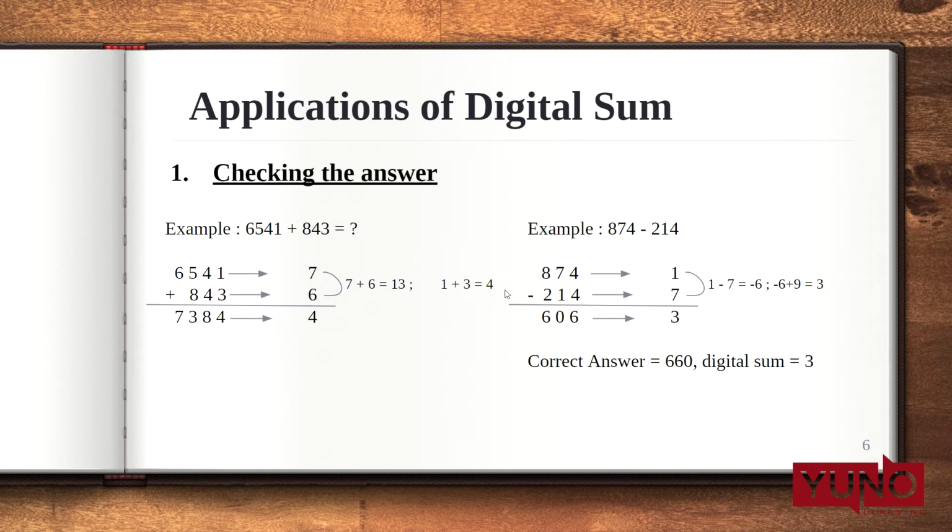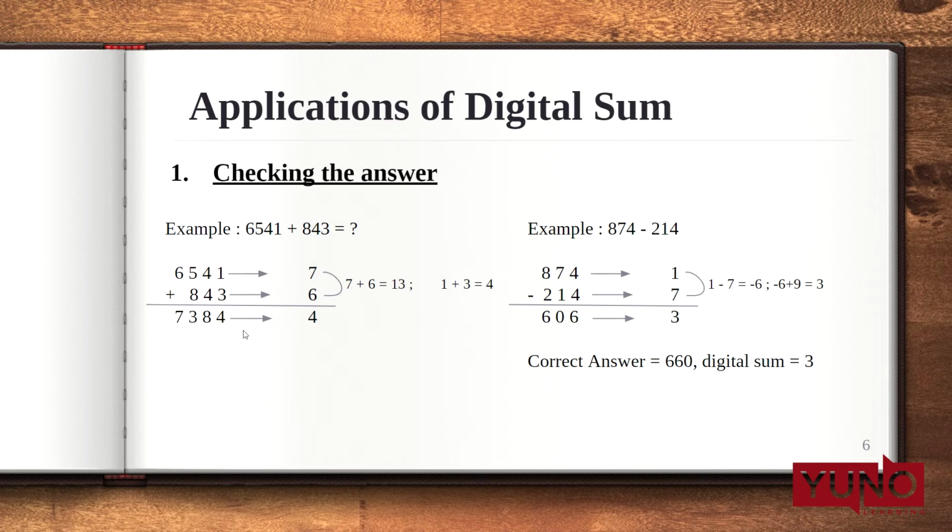So the digital sum of my numbers is 4. Now the answer after adding these numbers is 7384. That means the digital sum of this number is 4. So whenever my answer is correct, my digital sum will match with the numbers. This is a case where my answer is correct.